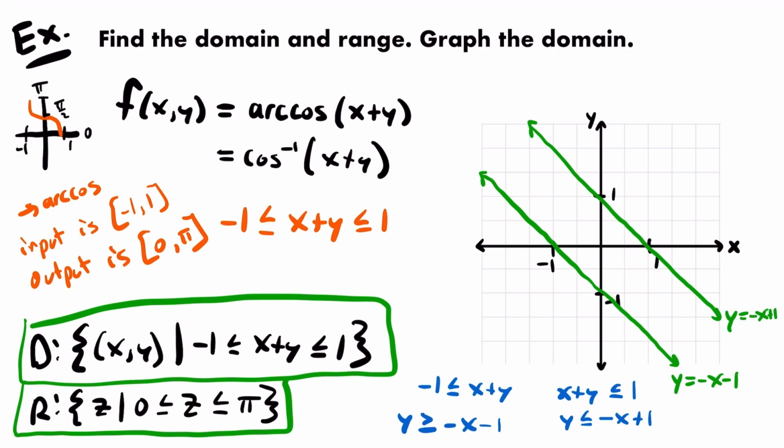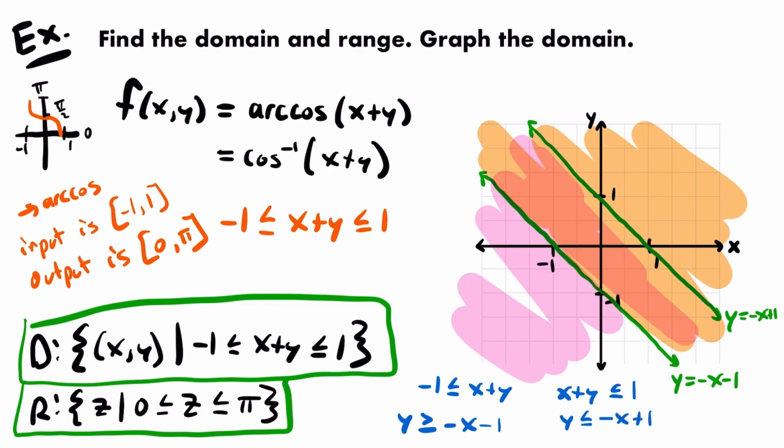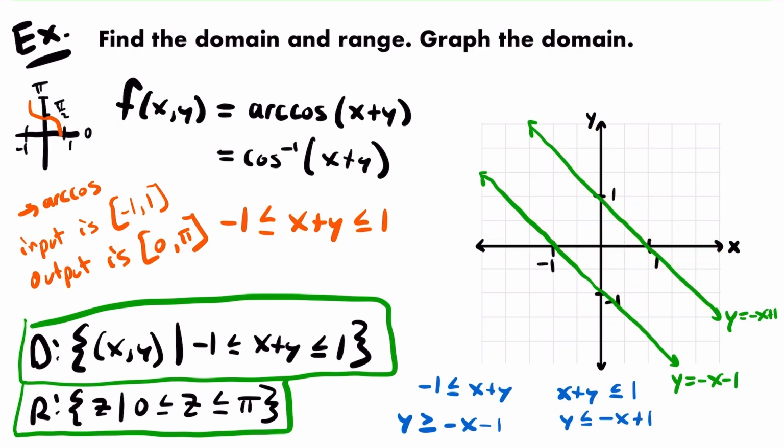Okay, so just to make myself clear here, this inequality, if you were to graph that, would give you all of these points up here, and then this inequality would give you all the points below this line. So that would be everything right here. But the overlap is everything between those two lines, and so that's the actual domain. So that's what we want to shade in here. The domain for our surface is everything between those two lines.